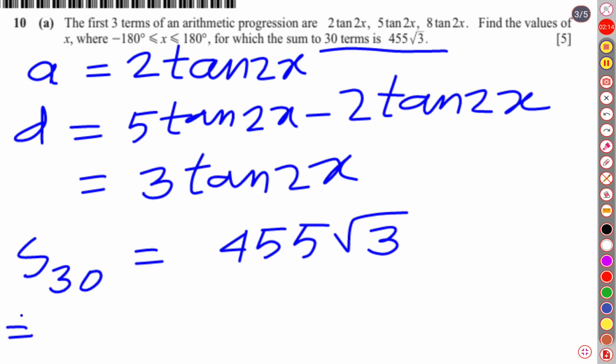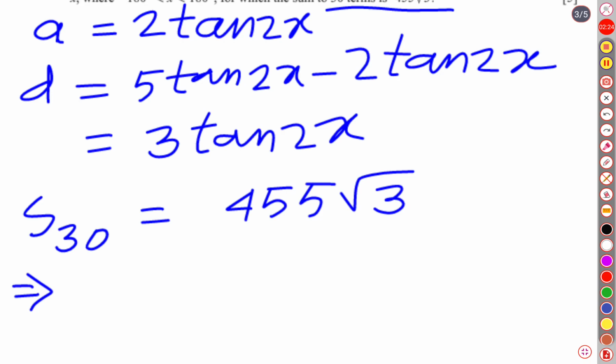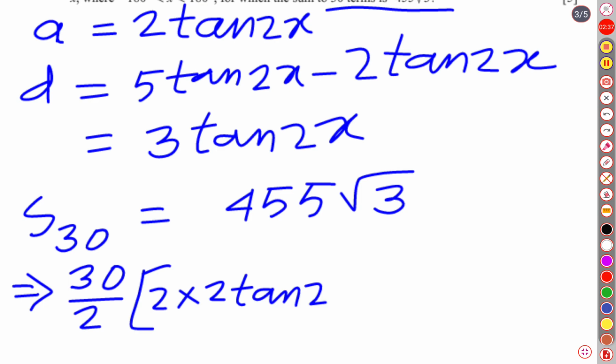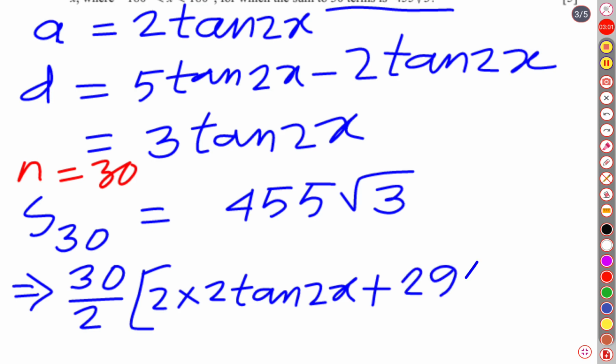And we know the formula for the summation of the first n terms is n by 2, so that is 30 over 2, then 2a, where a is 2 tan 2x, plus n minus 1, where n is 30, so it is 29d.